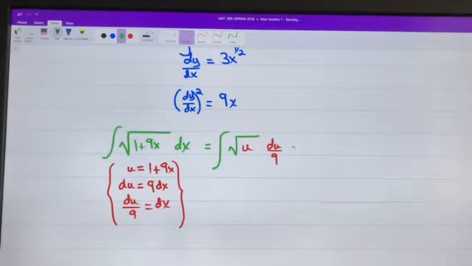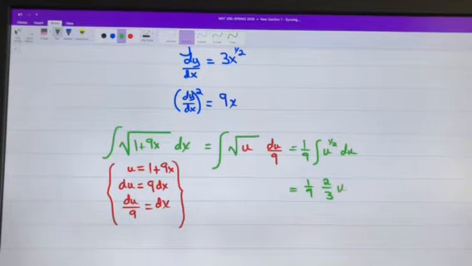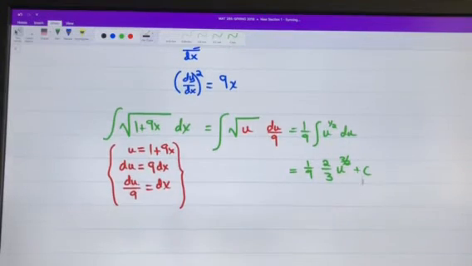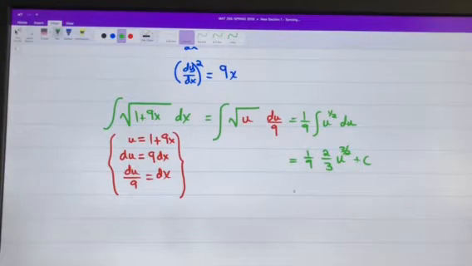And upon following through, I have the integral of the square root of u, and for dx I have 1/9 of du. So I have 1/9 of the integral, and I can put the square root of u as u to the 1 half du. So I have 1/9 for the antiderivative of u to the 1 half, I have 2/3 of u to the 3 halves, followed by the constant.